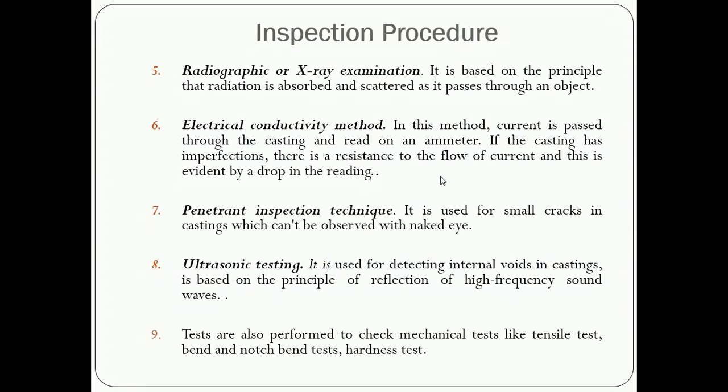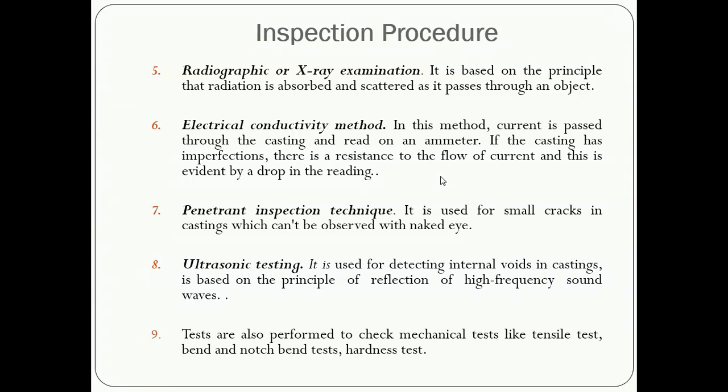Next is metal penetrant inspection technique. This method is also used to find out the cracks which are present on the surface of casting by using dye and penetrant, which are not visible to the naked eye. Next is ultrasonic testing.